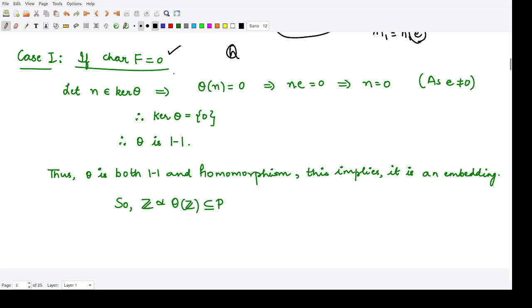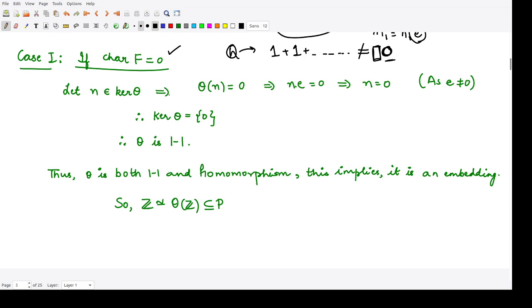For this we have the characteristic as 0, because the multiplicative identity is 1, and when you add 1 so many times, you won't be able to get 0 back. So there is no number such that you multiply it by 1 and get 0. So the characteristic here is 0, right?